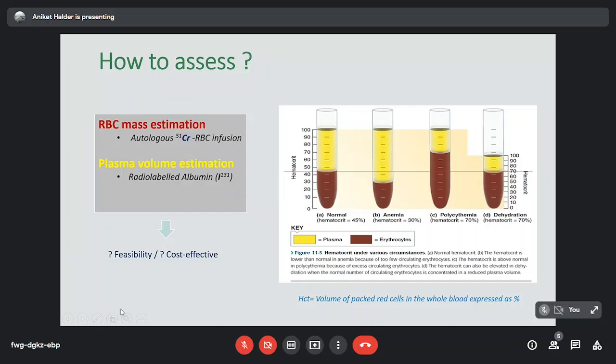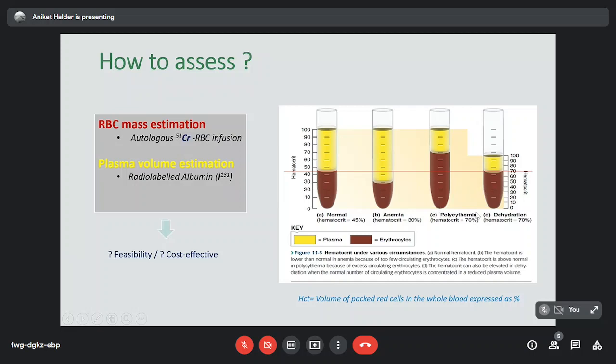Hematocrit is the volume of packed red cells in the whole blood, expressed as a percentage. In this figure, you can see the normal hematocrit, which is around 45% in males and around 42% in females. We will call it erythrocytosis when there is increase in hematocrit relative to the plasma volume. But this can be due to two causes.